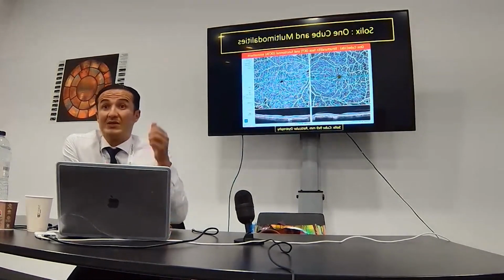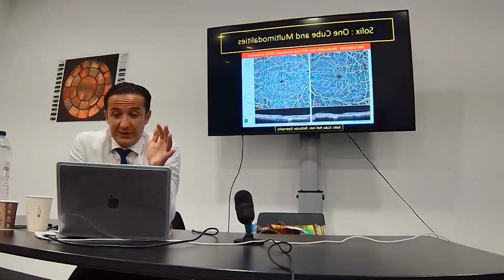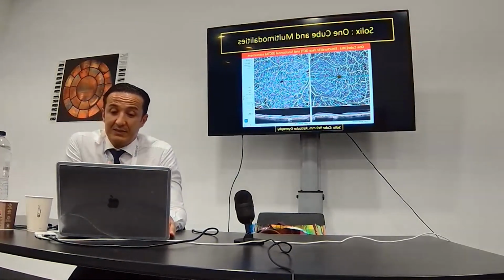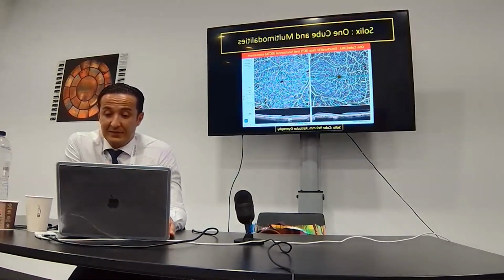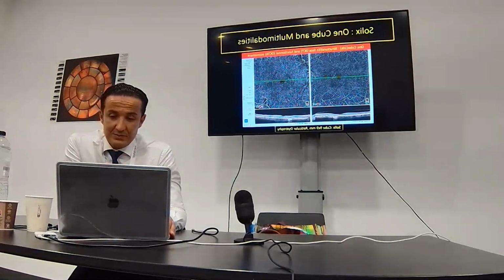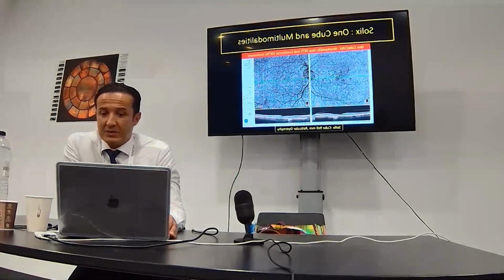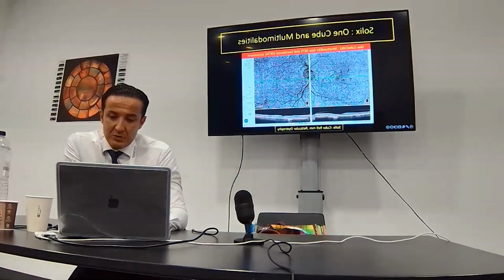And look, with one cube, you have several multimodalities. OCTA of 9x9, the deep plexus, outer nuclear layer, okay, no signal. Choriocapillaris, very small disturbance due to the atrophy.